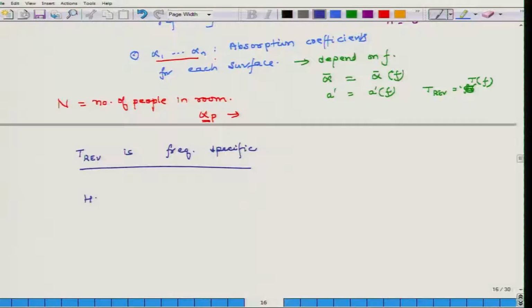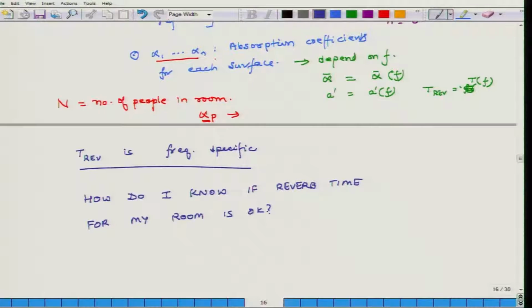So, let us say I have a reverberation time of 2. How do I say that this reverberation time is good for the room which I am going to use? So, the question is, how do I know if the reverb time for my room is okay?